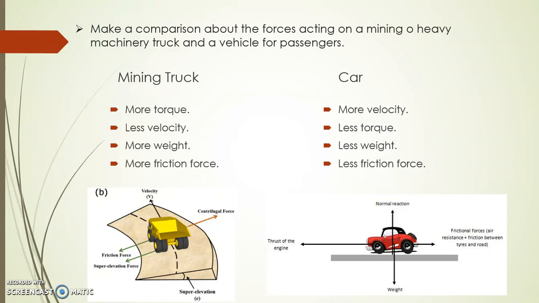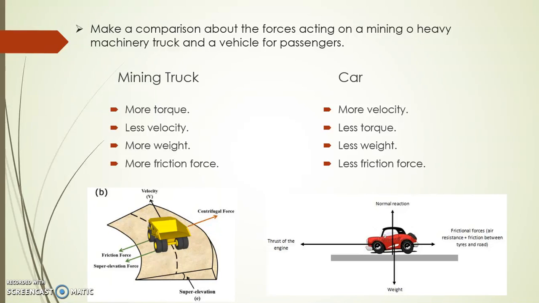So we need more torque, less velocity. In a car, the car doesn't carry a lot of material. The car only carries people, so 5 people is not much weight.